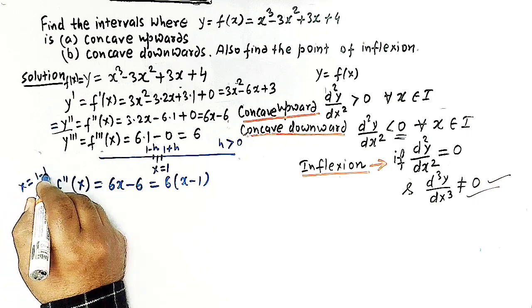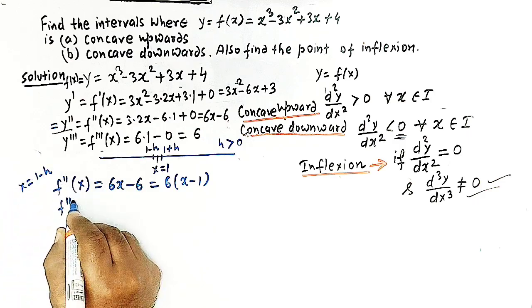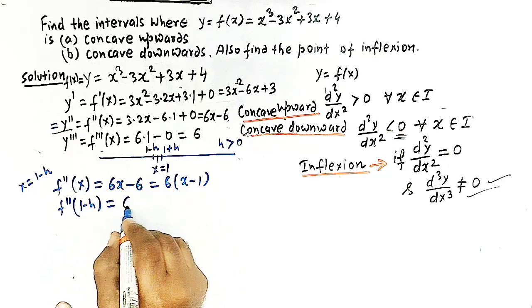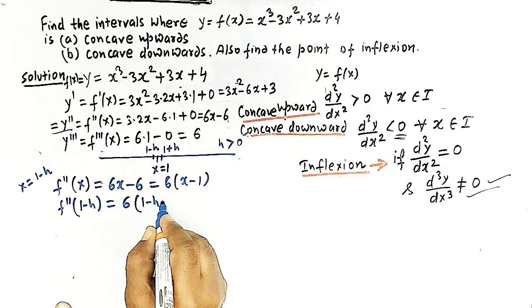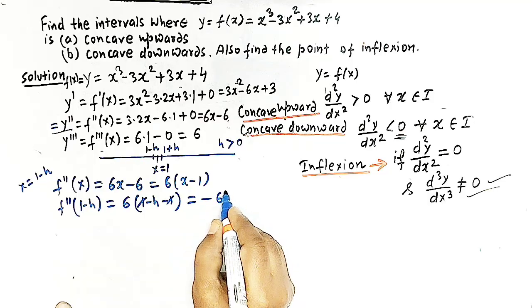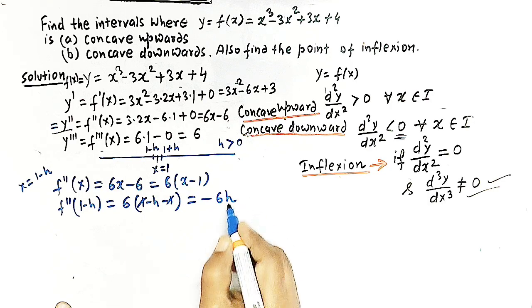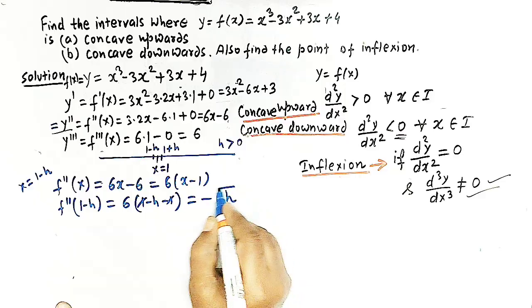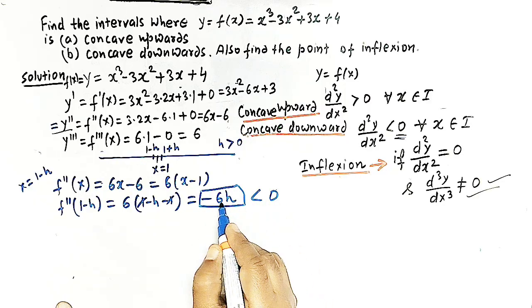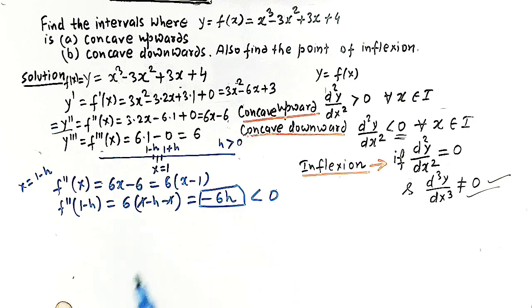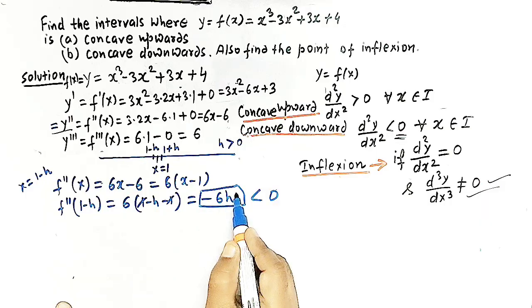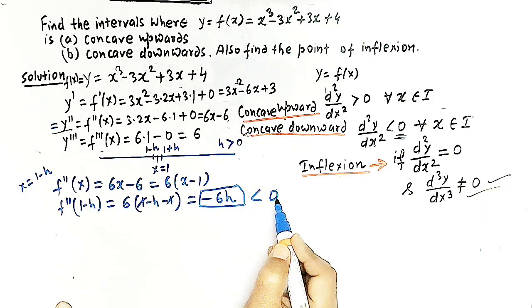Taking x is equal to 1 minus h, we have f double prime 1 minus h is 6 times 1 minus h minus 1. So 1 and minus 1 get cancelled, we have minus 6h, and since h is greater than 0, the product 6h is positive, but with the negative sign this entire term minus 6h is less than 0.